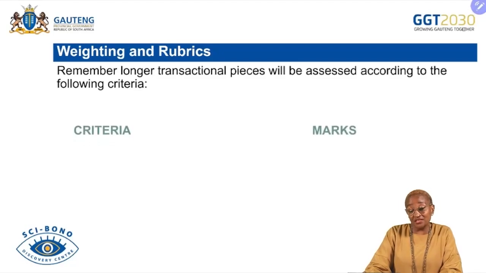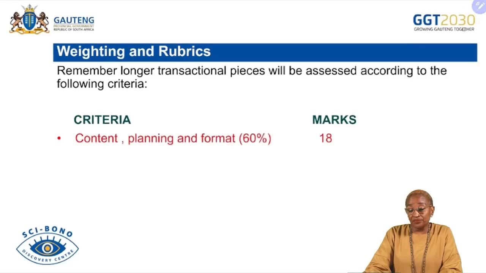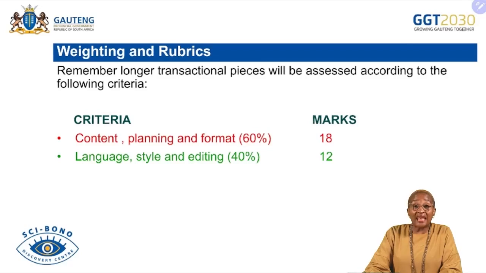And this is the criteria: the content, the planning, and the format, which carries 18 marks, giving us the percentage of 60%. The second criteria there is language, style, and editing. The marks thereof, it's 12. And that gives us 40% of the text.